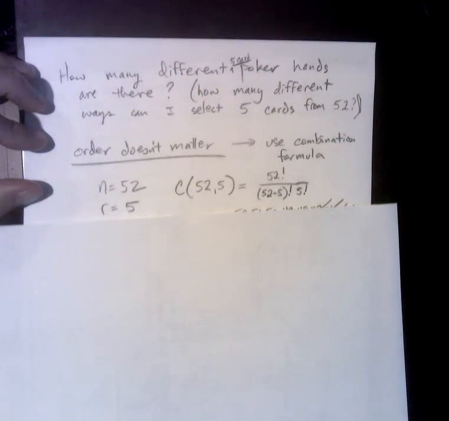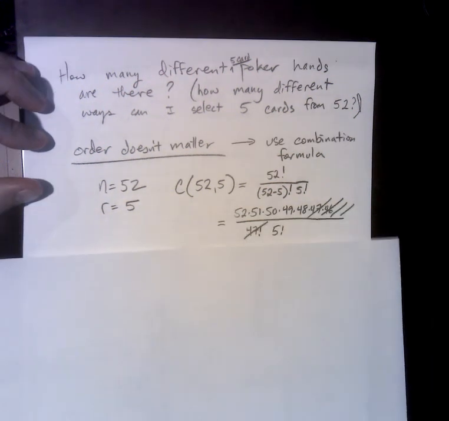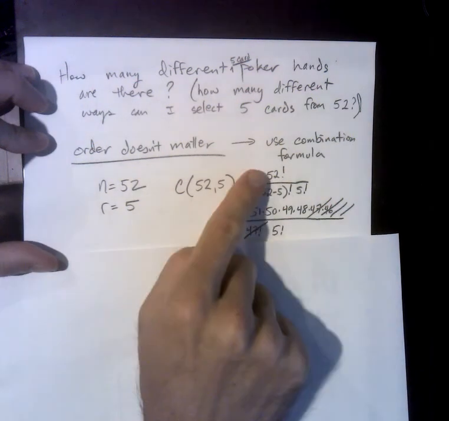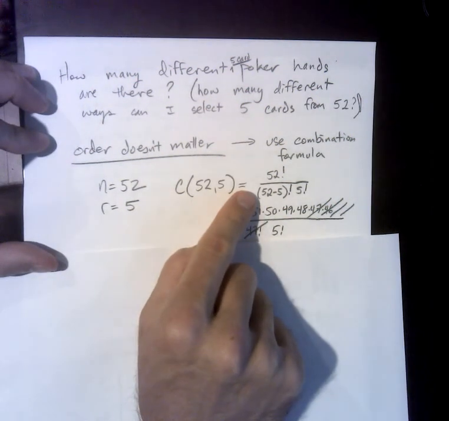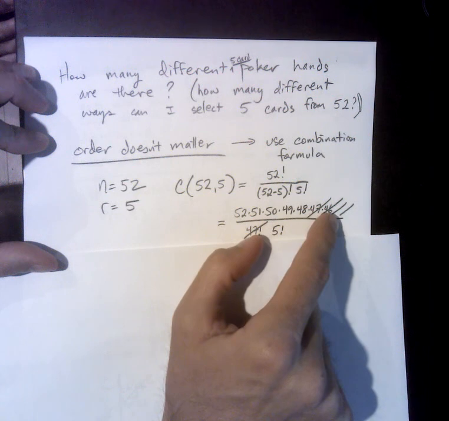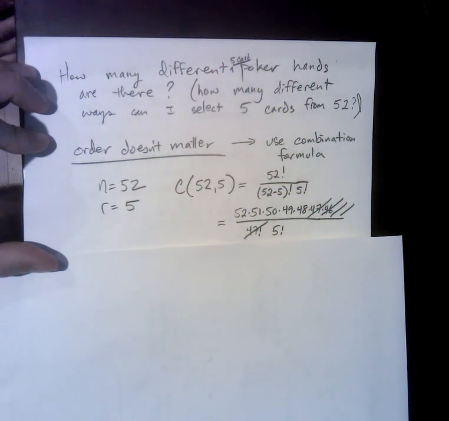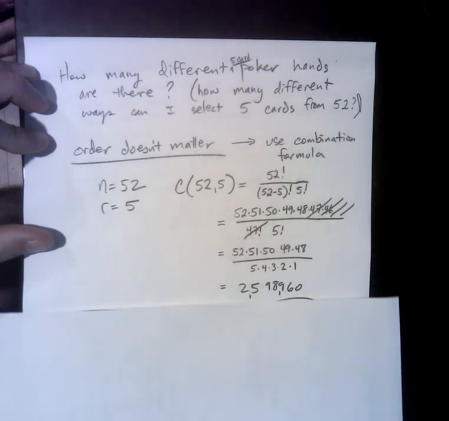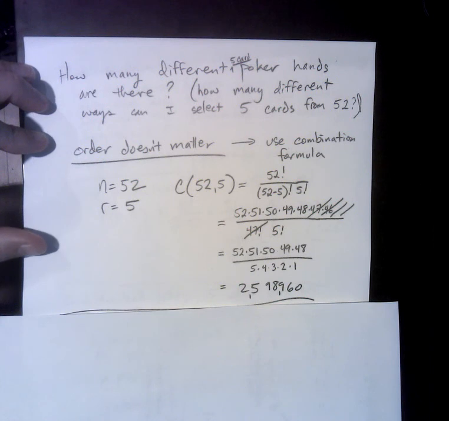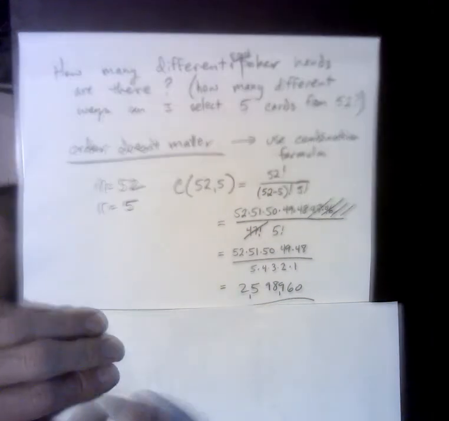So I use the formula. I could either do it by hand, work it out the long way. Remember that 52 factorial divided by 47 factorial, a whole bunch of stuff's going to cancel, right? Everything from 47 on down is going to cancel. So the only thing that we're left with is 52 times 51 times 50 times 49 times 48 up on top. And then the 5 factorial in the denominator. That gives me a total of 2,598,960.